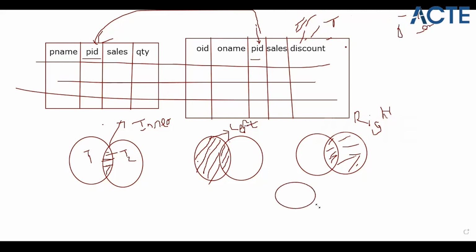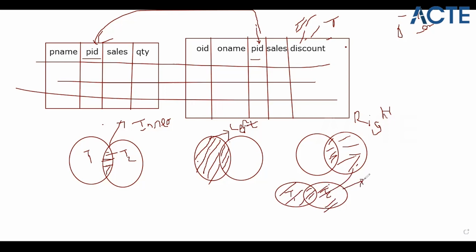So these are my tables. I'm just creating a random one here. This is my table number 1 and this is my table number 2. Whatever is common between the two tables, we will have that, and whatever is uncommon between the two tables, we will have that also. The whole data is there.